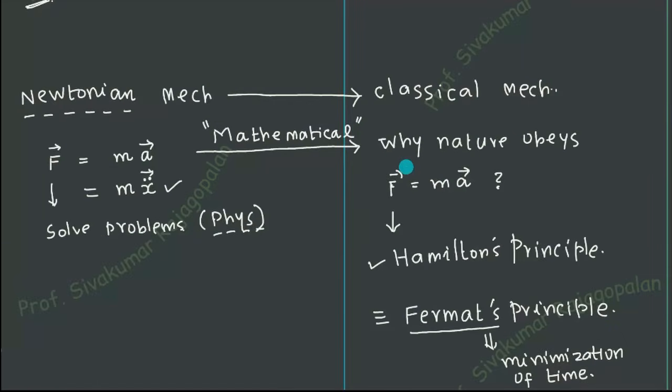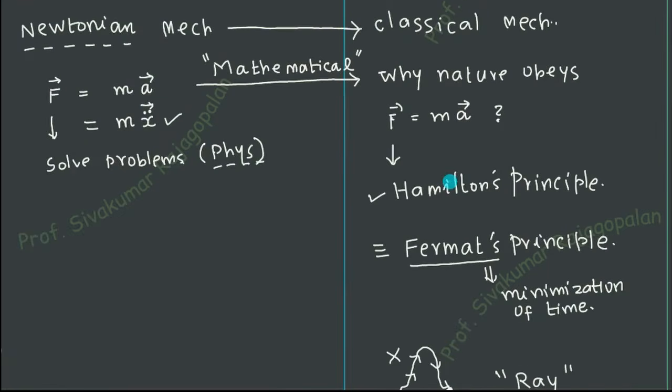The question is this one: why does nature obey F equals ma? Why should nature obey an equation of this form? It need not be F equals ma. Whatever be the equation that is currently obeyed according to Newton, why does nature have to obey that? That is the question. The answer is that nature is behaving in such a way that certain minimization or maximization always takes place. Because of that reason, this equation F equals ma emerges.